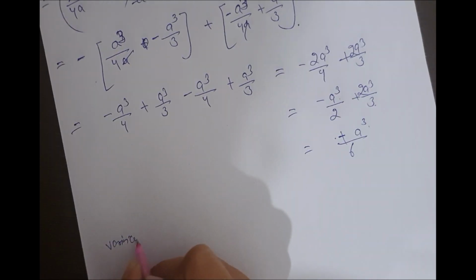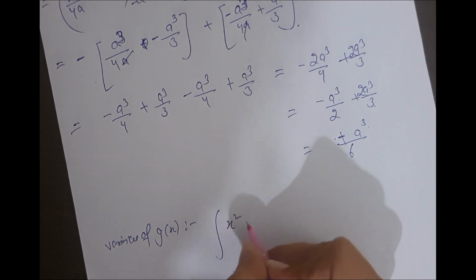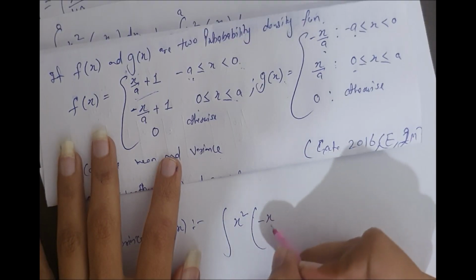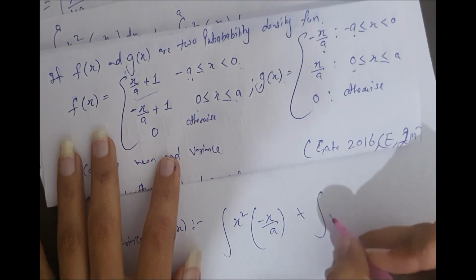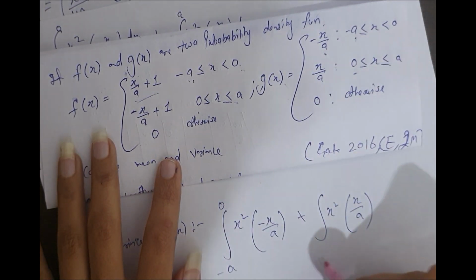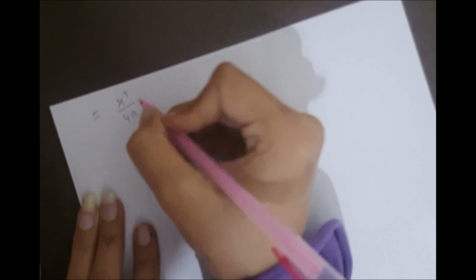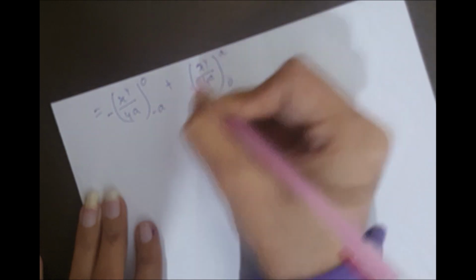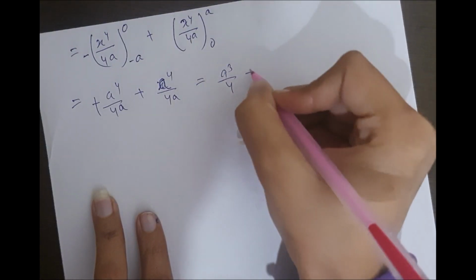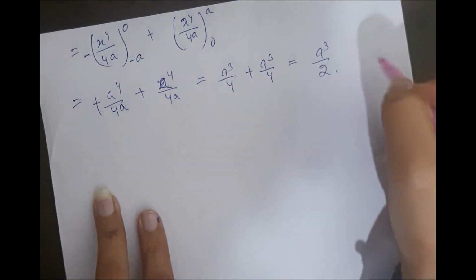Variance of g(x), that is x square into function plus x square into function. It is from minus a to 0 plus 0 to a dx. Now integrate it. This will be, now this is the answer.